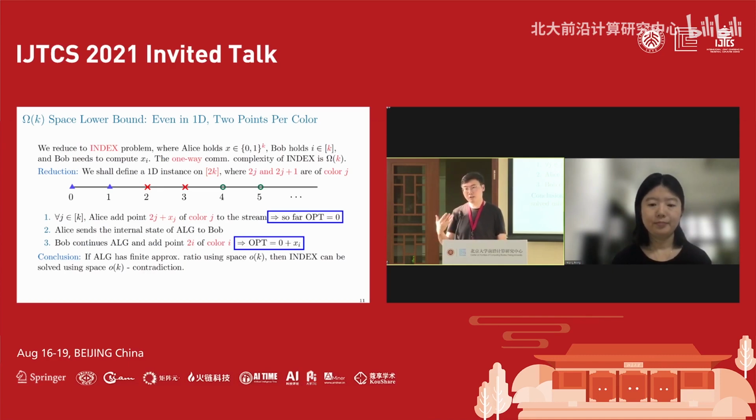Bob continues the execution of the algorithm, feeds it with a certain transformation of his input Y, and then concludes the value. So a streaming algorithm could be used to solve this one-way communication problem, and that's why we can do the reduction. In this sense, it is related to communication complexity.